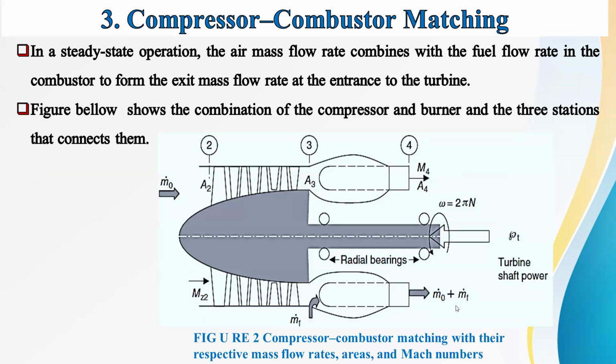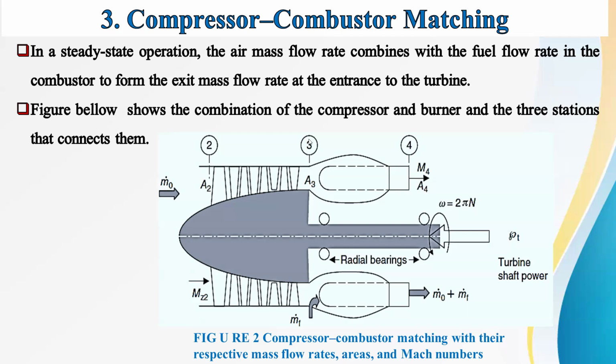The third is compressor combustor matching. On that, we can see here this schematic diagram represents the compressor combustor matching with their respective mass flow rates, area, and Mach number. So we have area 3, the exit of the compressor, and it is the inlet for the combustion chamber.